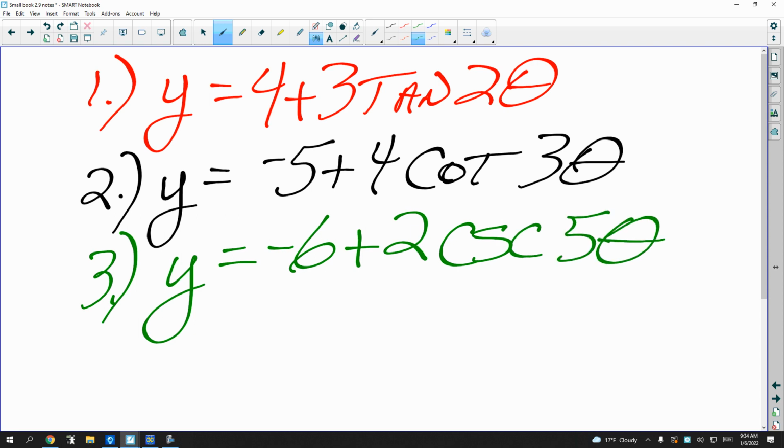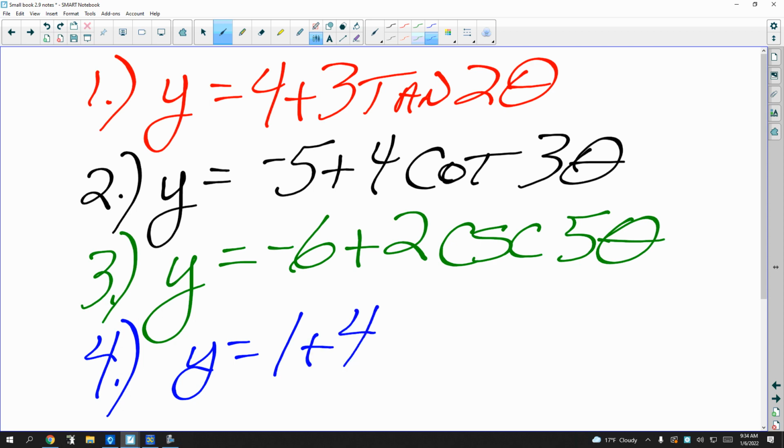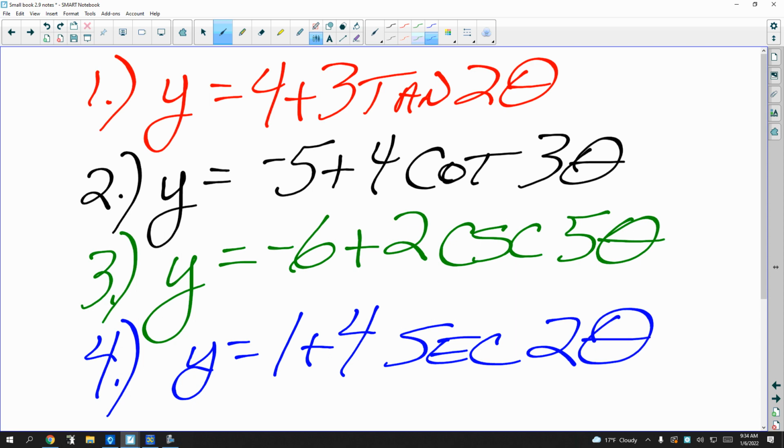And then number 4 has to be secant, which is on page 76. Y equals, oh, you don't know how to do that yet. Here we go. Y equals 1 plus 4 secant 2 theta. Okay, so I had to modify one of those, no big deal.